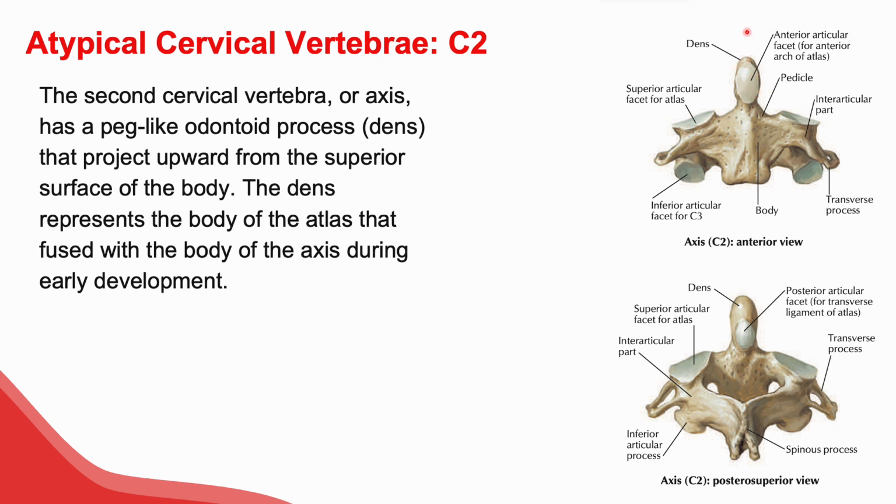This right here represents the body of the C1 vertebra, or the atlas, that fused with the body of the axis during early development. And this right here serves as an articular facet on the anterior arch of the atlas.